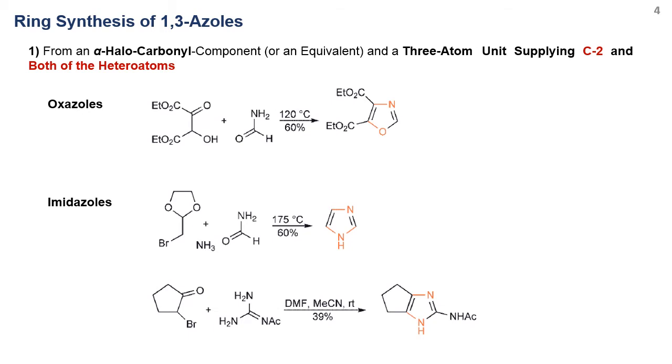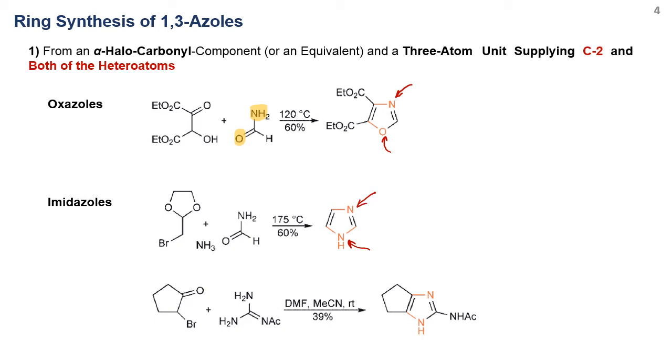For the synthesis of oxazole, which contains oxygen and nitrogen in the ring, you may start from an amide, which can provide both of the heteroatoms. However, we know that amide is not so reactive, so you might need to force the conditions a little bit by, for example, heating up. And for imidazole, this molecule contains both nitrogen atoms.